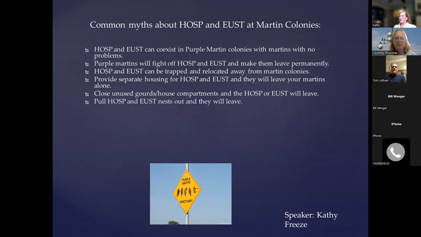Pull house sparrow and European starling nests out and they will leave. No, they do not. There is a phenomenon known as house sparrow revenge syndrome. A lot of people have unfortunately experienced it. House sparrows are very, again, territorial. And once you pull their nests, you will frustrate them.